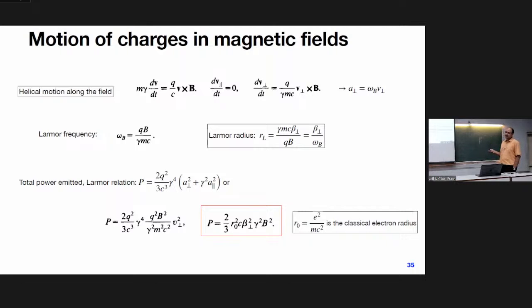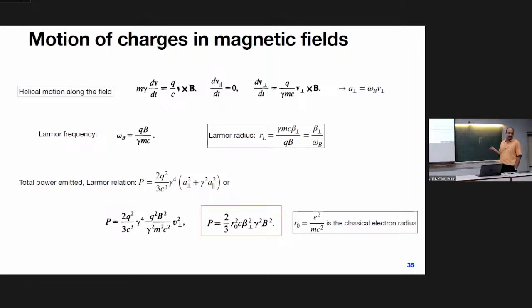In the non-relativistic case, if you had worked it out through Griffiths or other books, you would have qB by m. The c would not be there in SI units. For the relativistic case, you have an addition of gamma. So qB by gamma mc. Just to note, the definition of Larmor frequency all through now will have a gamma inside it.